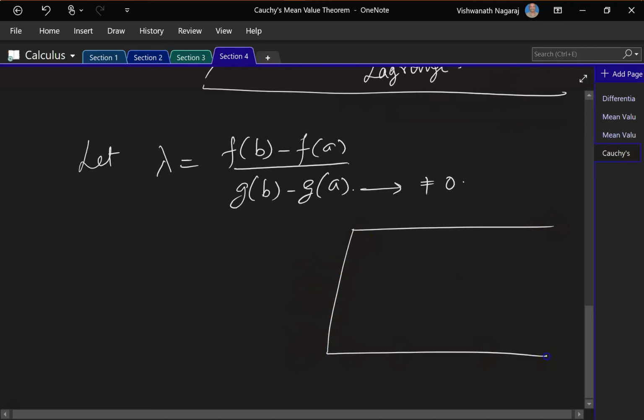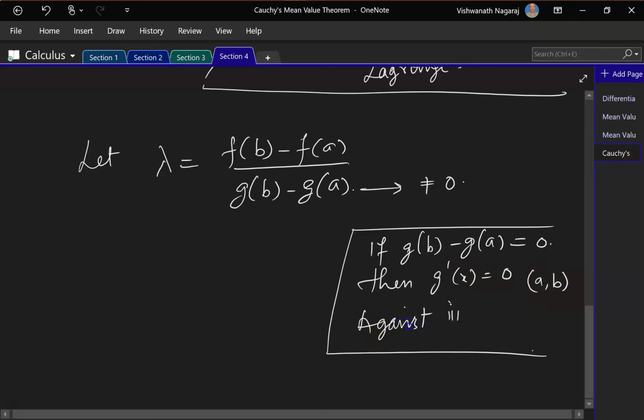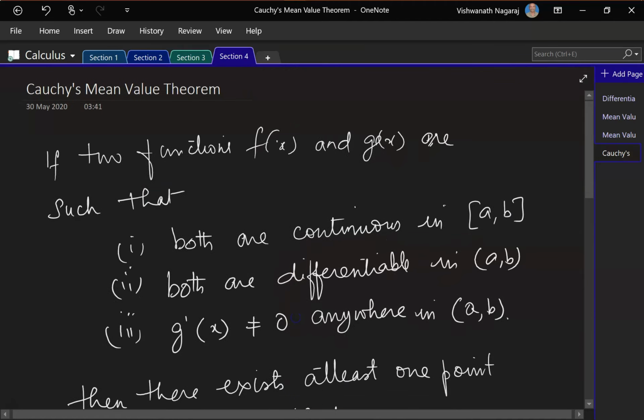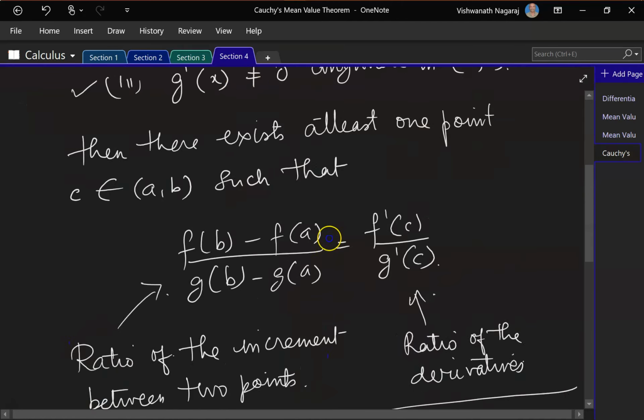Again, if g of b minus g of a is equal to 0, then g prime of x is equal to 0 in the open interval (a, b), which is against the third condition, and this is based on Rolle's theorem, and this is the third condition of Cauchy's mean value theorem, that g prime of x is not equal to 0.